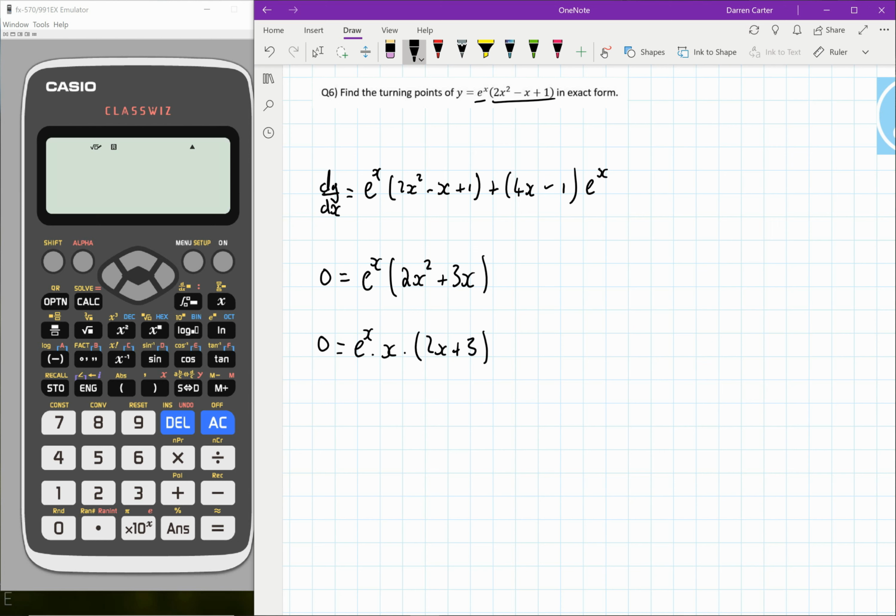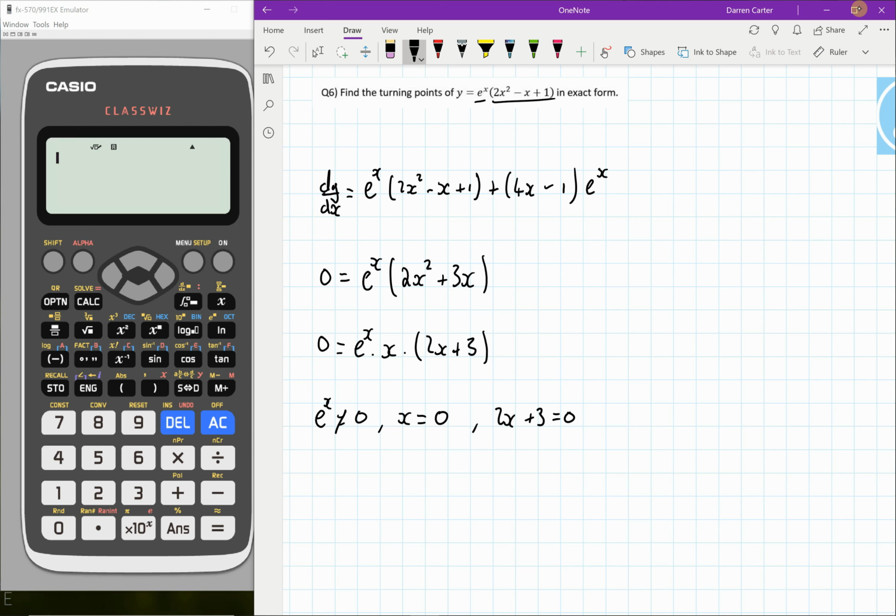So I have 3 factors multiplied to make 0. So I know this is true when any of those factors equals 0. Well, one of these is quite nice, which is my e to the x, because e to the x is never 0, so I can eliminate that. That's not going to provide any solutions.